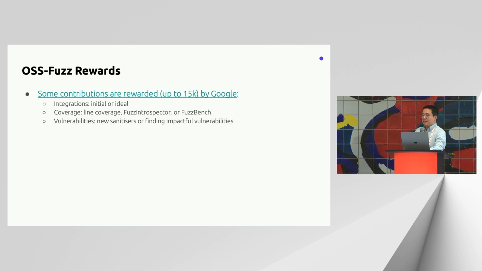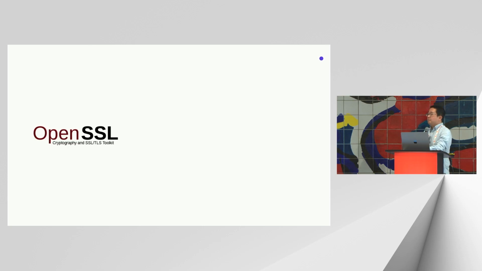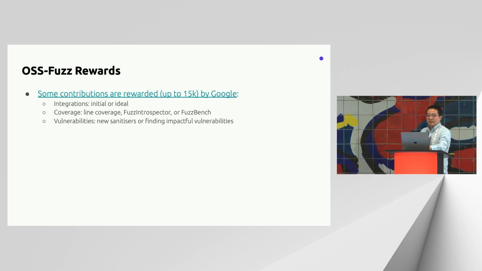If your fuzz target can discover a lot of new lines compared to the existing ones, we also give you a coverage reward. And if you have a new sanitizer, or if your fuzz target can find a critical vulnerability, then we can also give you a vulnerability reward as well. So that's all. If you want more info, you can click on that link later.